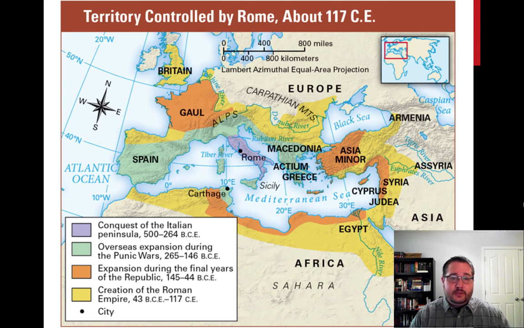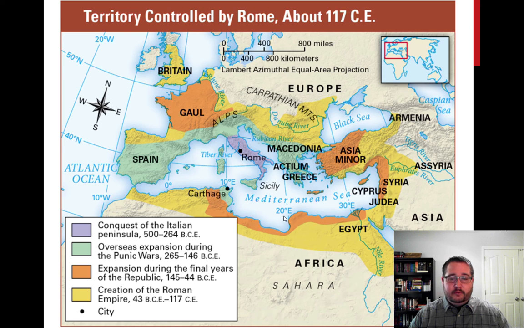But here you see in this map the expansion of Rome over time. So from 500 to 264, you have the consolidation of the Italian peninsula here. And then from 265 to 146, you've got expansion into Europe and a little bit around the Mediterranean Sea.